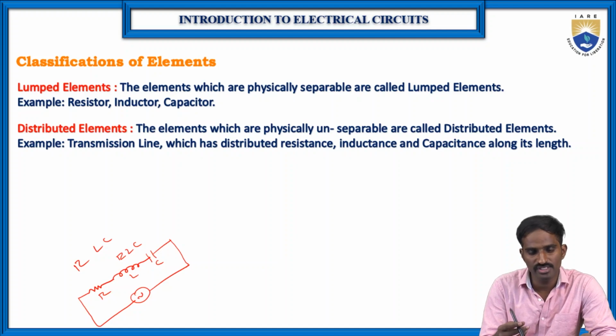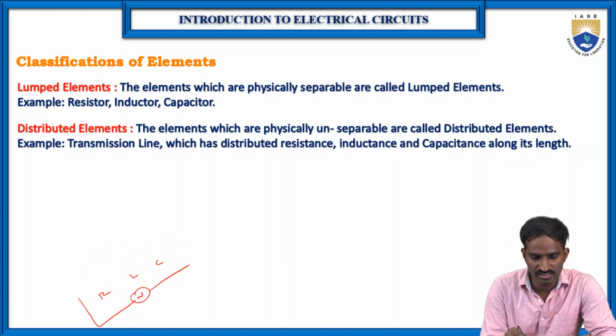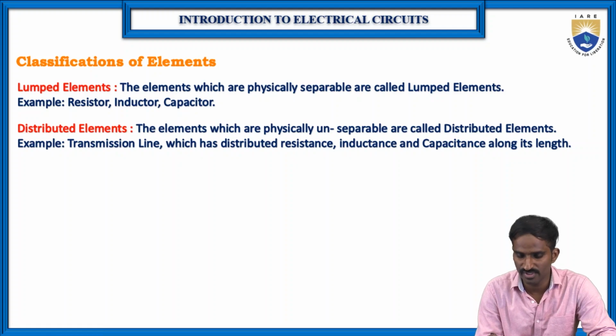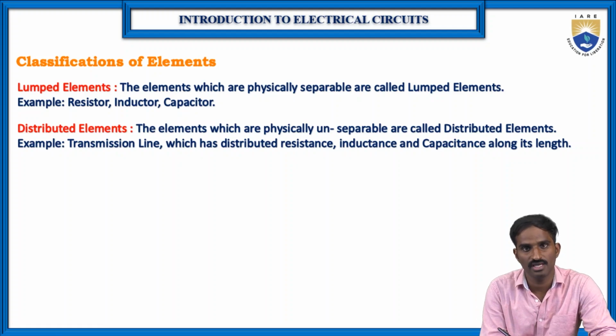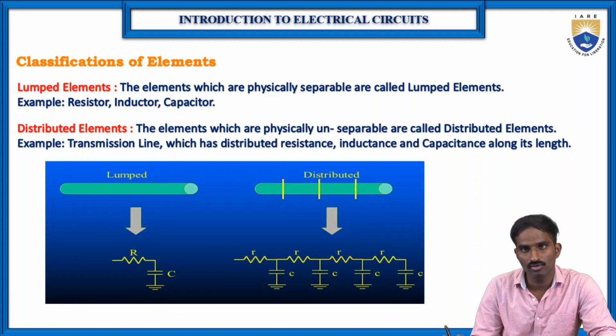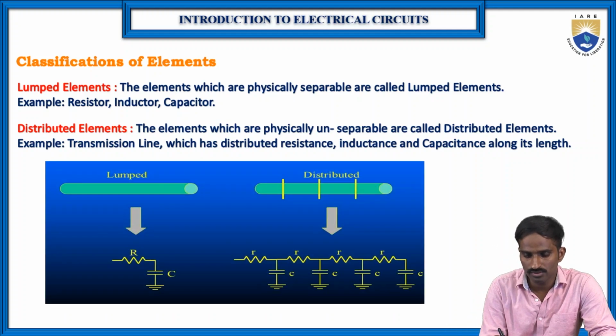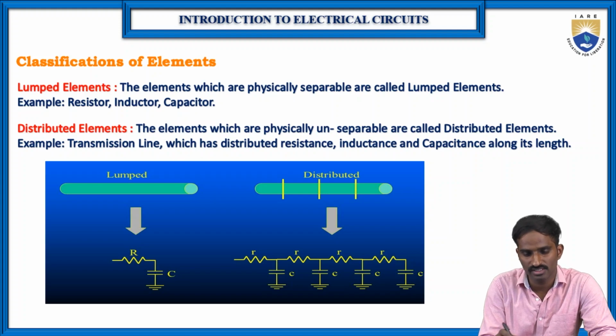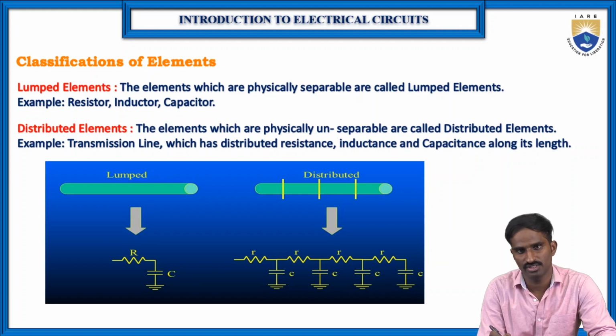Then what about the distributed elements? The distributed elements means the elements which are physically inseparable are called the distributed elements. The best example is a transmission line. A transmission line consists of a combination of resistor, inductor and capacitor, but physically we cannot separate them, because throughout the transmission line, the resistance, inductance and capacitance are distributed.